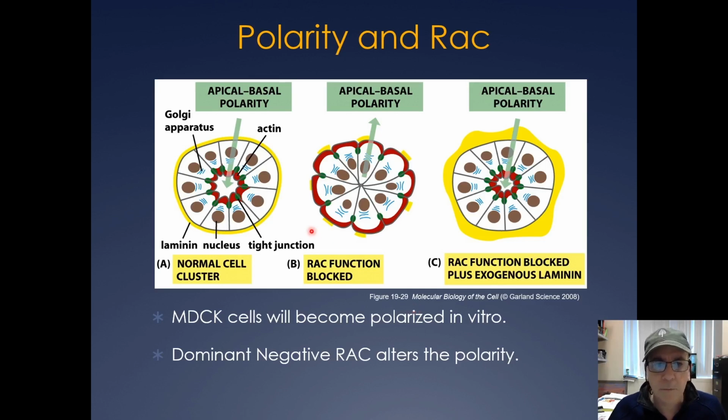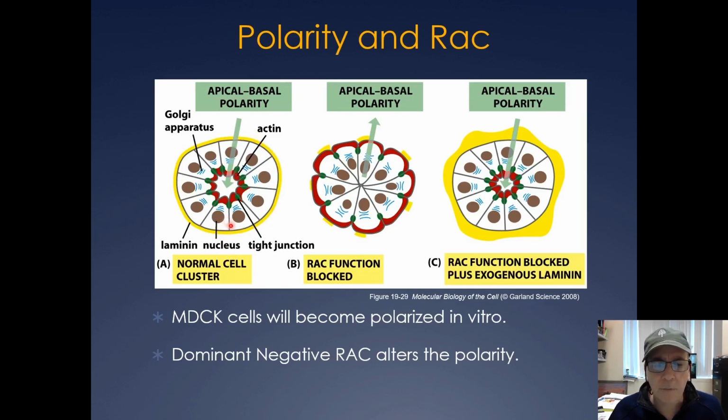These also help establish polarity, and there's a small G protein called RAC that also helps this. Okay, so normally you'll have apical to basal polarity with the actin on top, right, and then the attachments to the laminin on the outside.